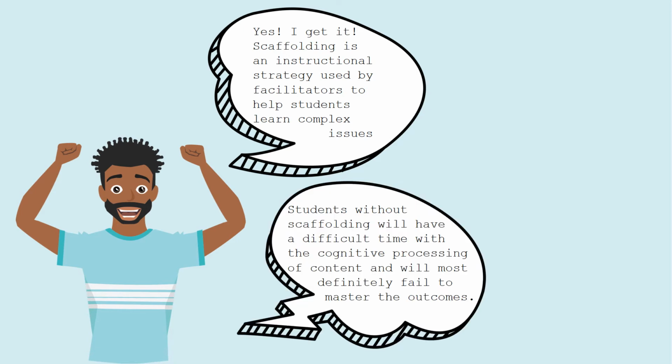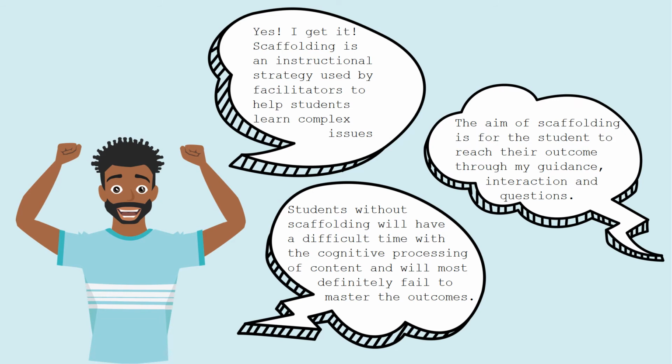Students without scaffolding will have a difficult time with the cognitive processing of content and will most definitely fail to master the outcomes. Ultimately, the aim of scaffolding is to allow the students to move from the inability to perform a task to being able to do so through guidance, interaction, and questions.